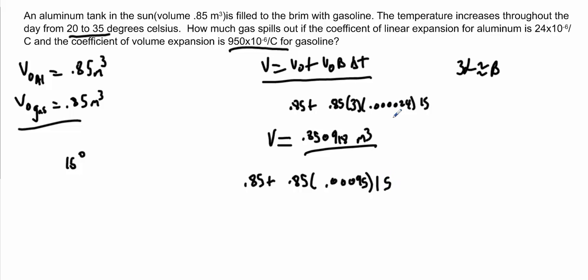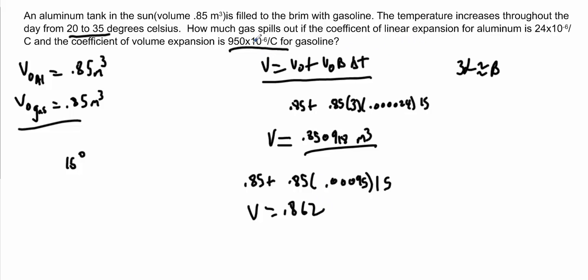So 0.85 times 0.00095 times 15 plus 0.85 gets me 0.862. Okay, so my new volume is 0.862.